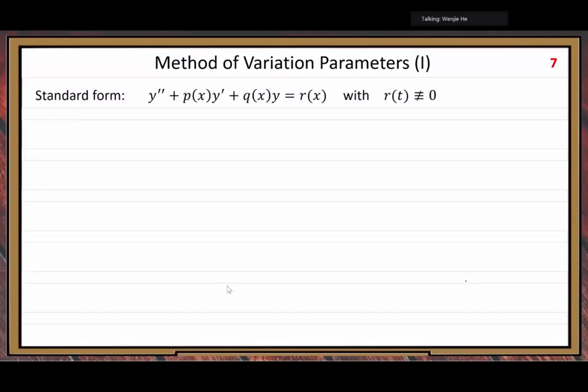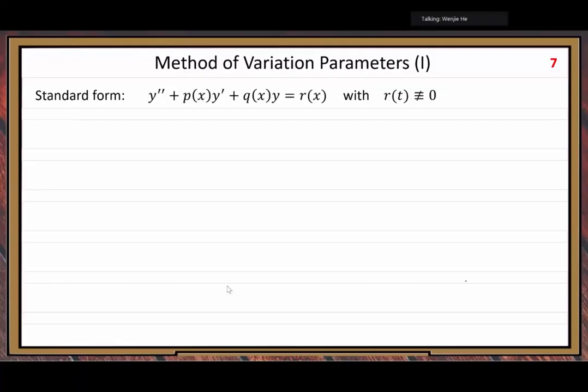Standard form. This time we consider the P function and Q function, not necessarily constant. Constant is too restrictive. Now we can consider a non-constant P function and a non-constant Q function. Then it will be much harder.